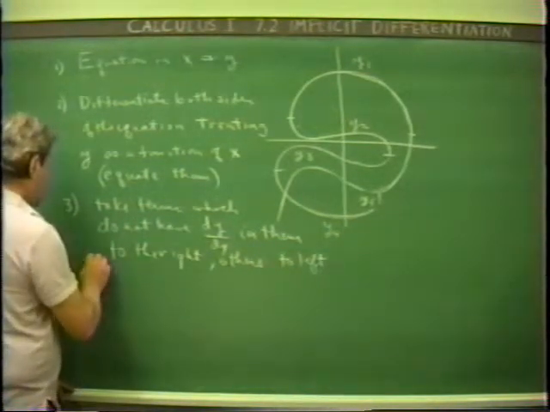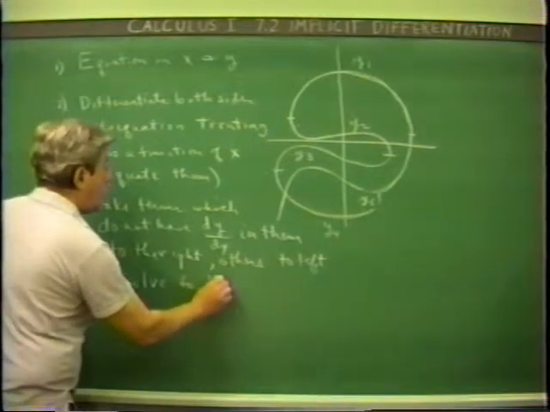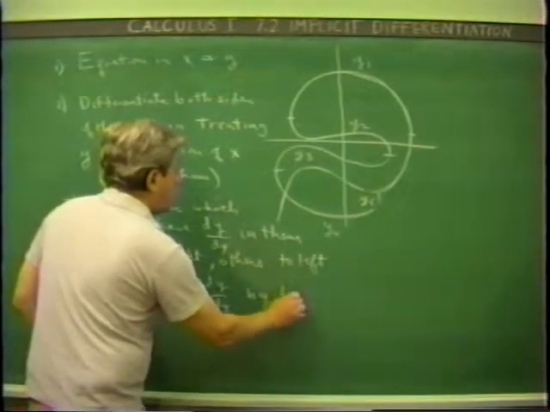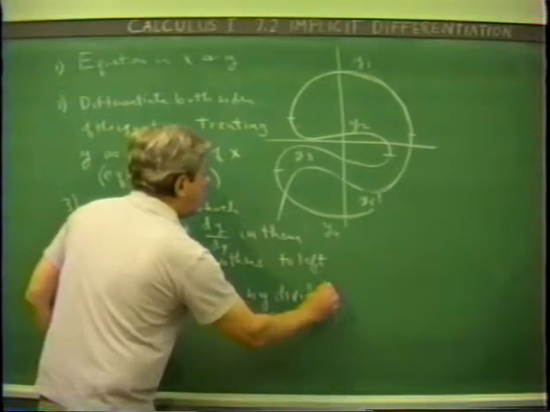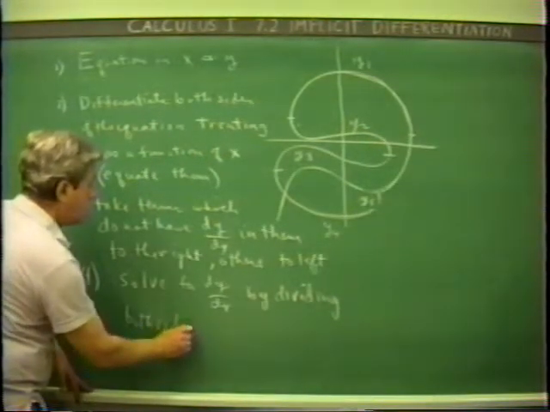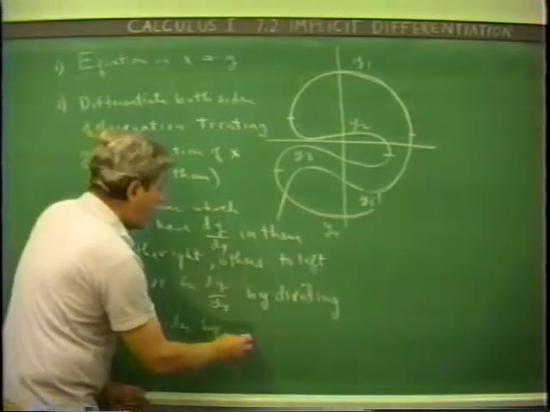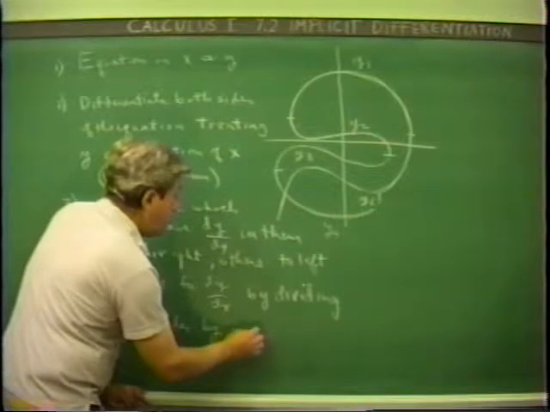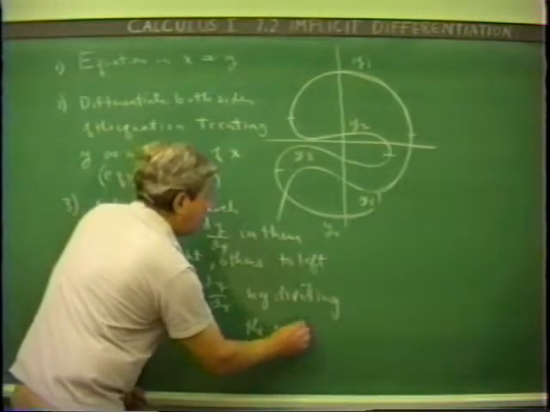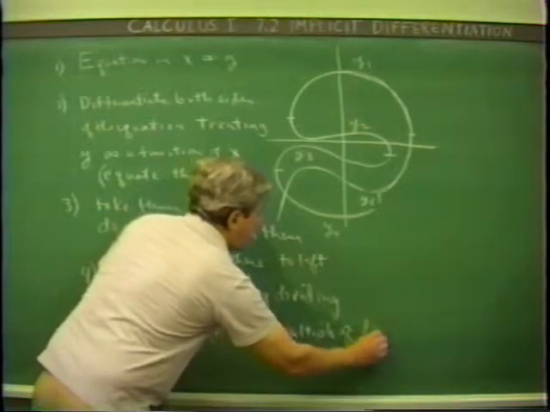And then the next thing to do is to solve for dy/dx by dividing both sides by whatever precedes dy/dx, the multiple of dy/dx.